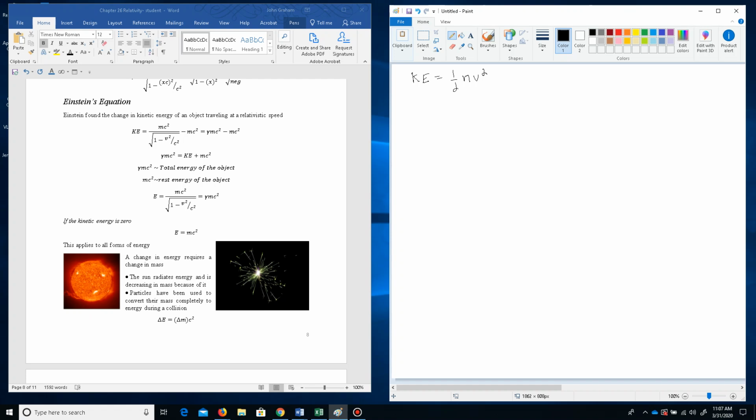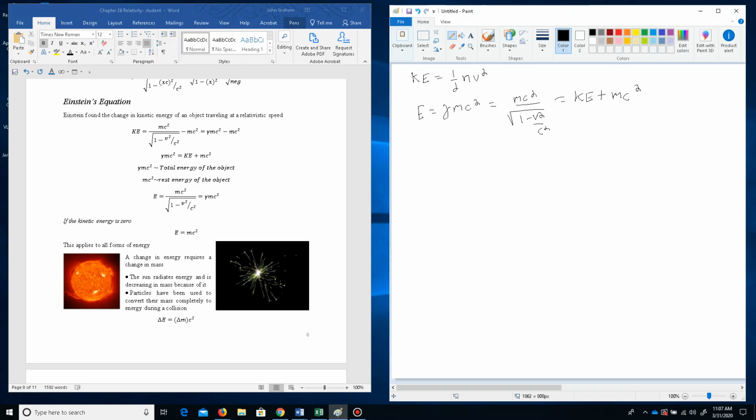So since we now know what the total energy is, we can write the total energy, which is equal to gamma mc squared, as mc squared over the square root of 1 minus v squared over c squared, which is also equal to the kinetic energy plus the rest energy, which is mc squared.